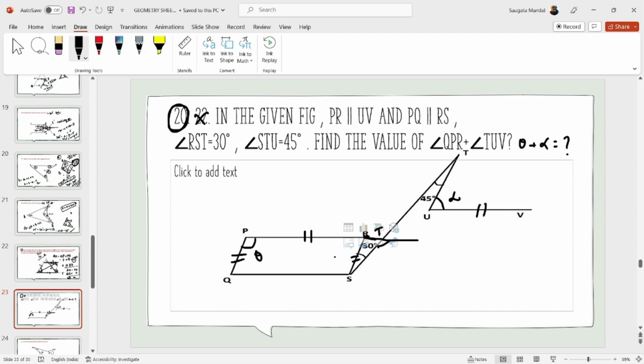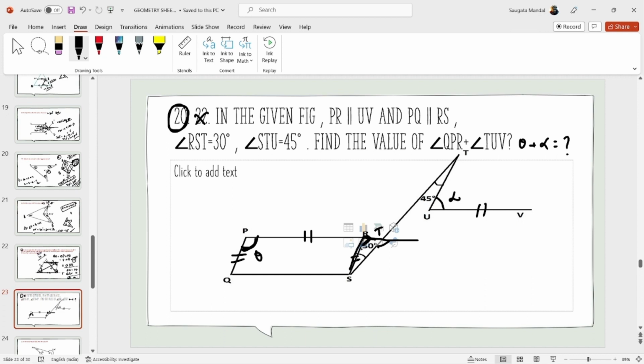So the angle QPR is equal to SRT. These angles are equal.